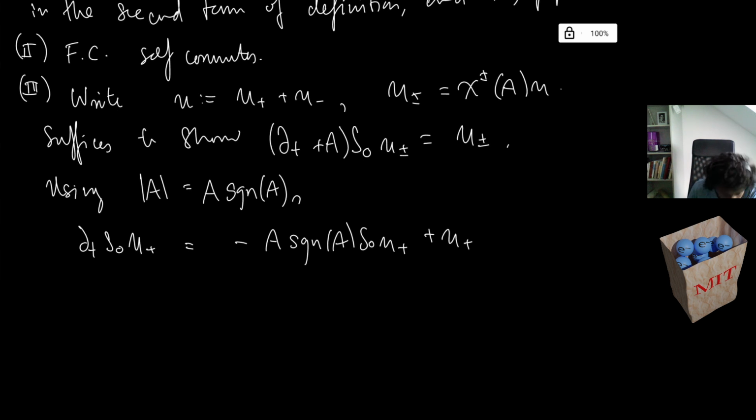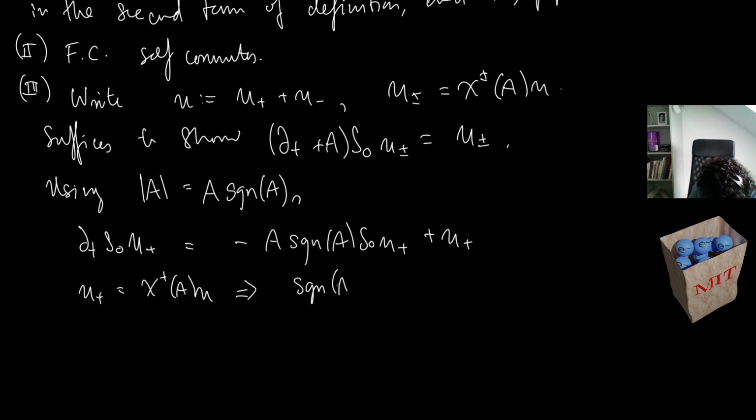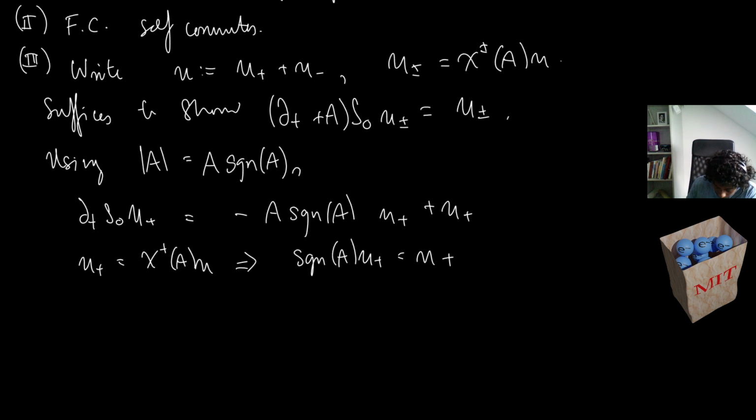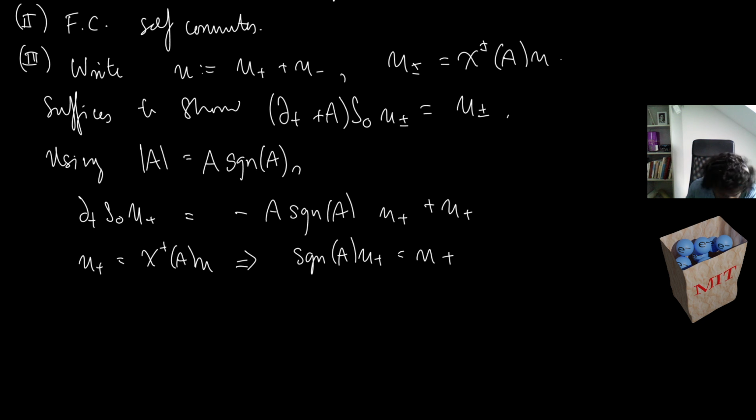And u plus we wrote as chi plus of A of u, which implies that signum of A u plus is equal to u plus. Sorry, there shouldn't be a u here. Hang on. No, there should be.